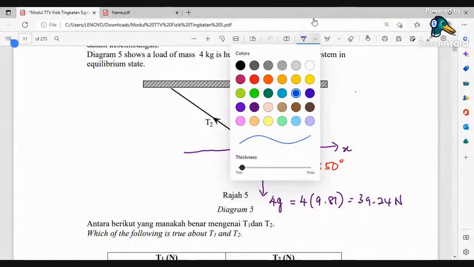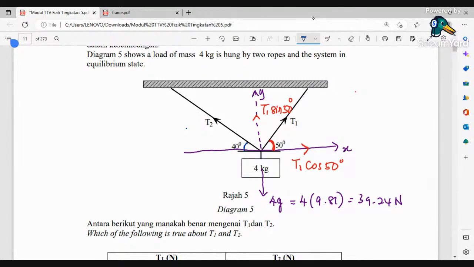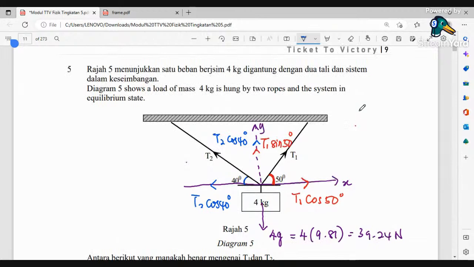And then for T2, using this angle, the horizontal component is T2 cos 40, and the vertical component is T2 sin 40. Now the horizontal components must be balanced, so T1 cos 50 equals T2 cos 40.